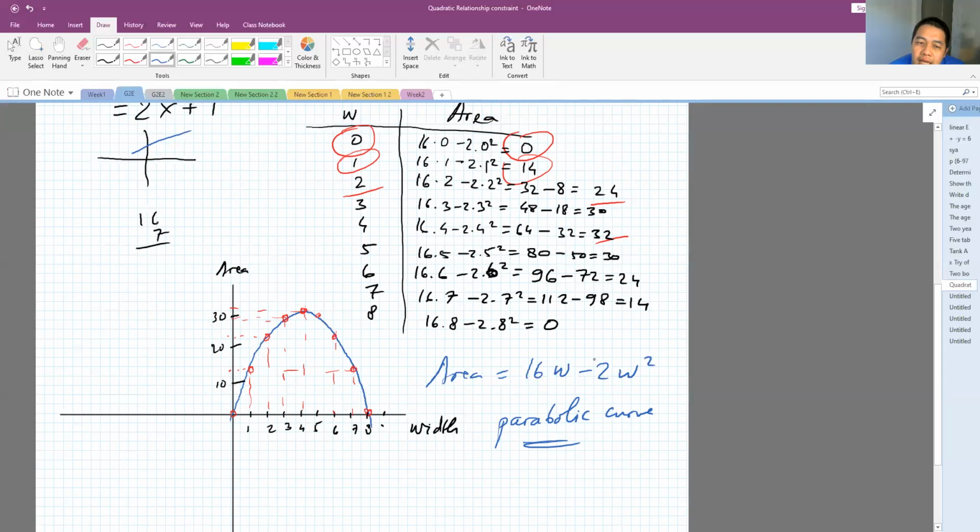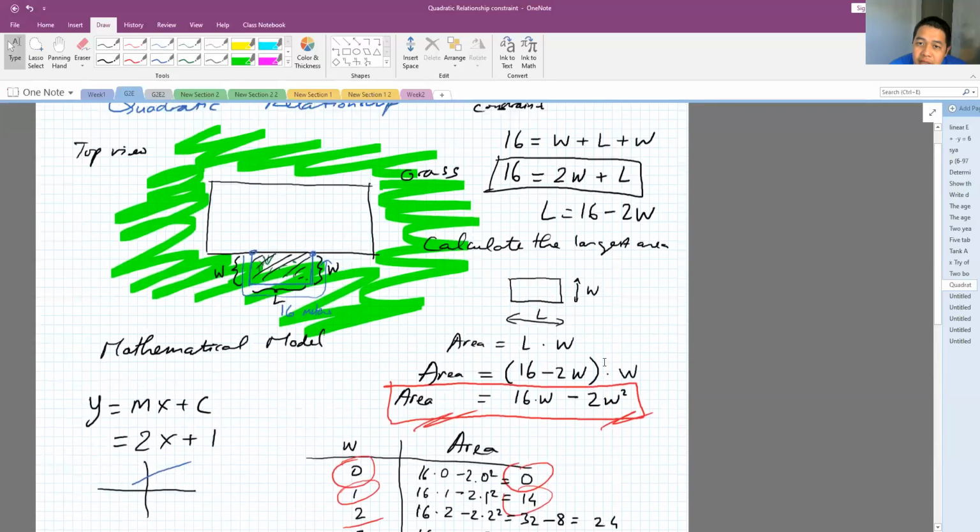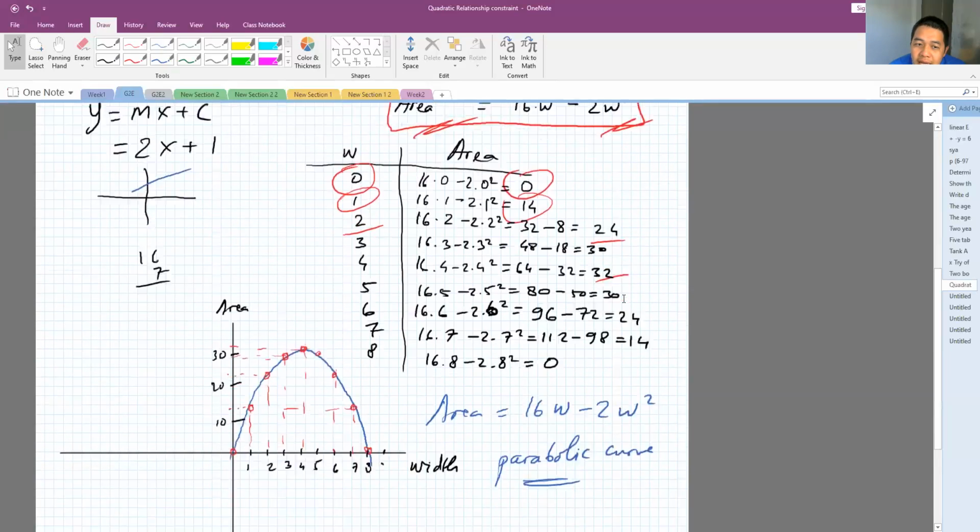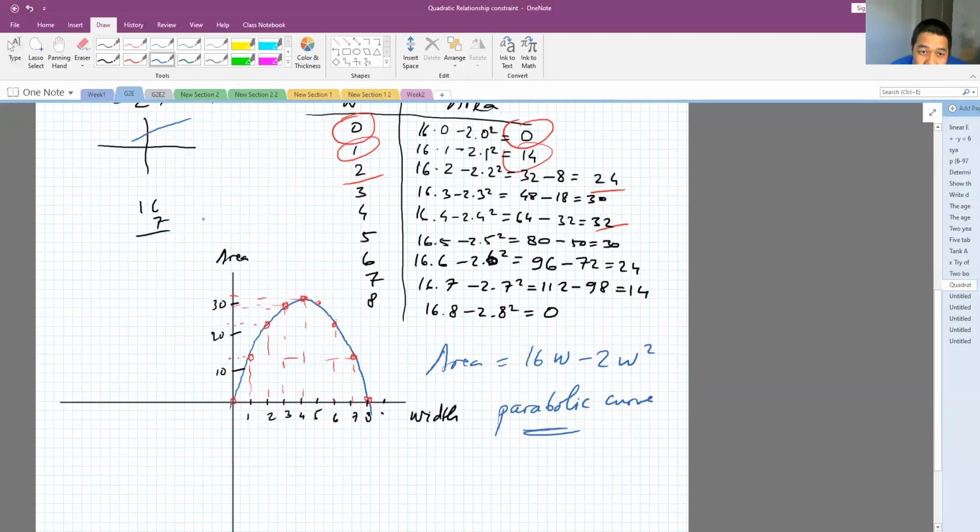And when you look at the original question here, calculate the largest area, what we need to find here is the biggest number of the area that you can get, which is this point. And that is this number, 32. So actually the most important idea here is just the introduction of a quadratic relationship, and in the future we will explore this further, and also we will call this a quadratic function.